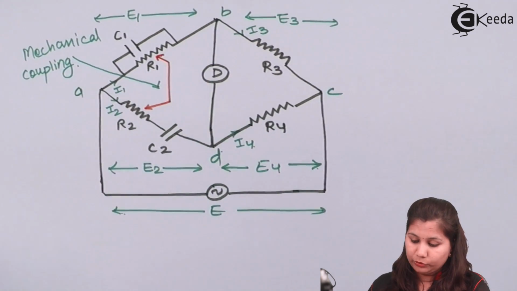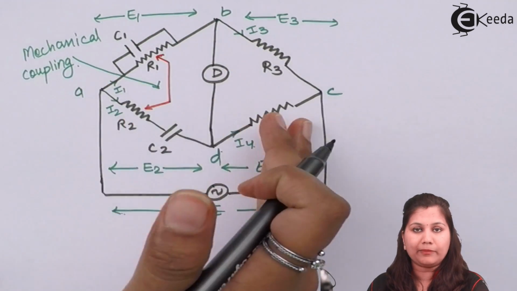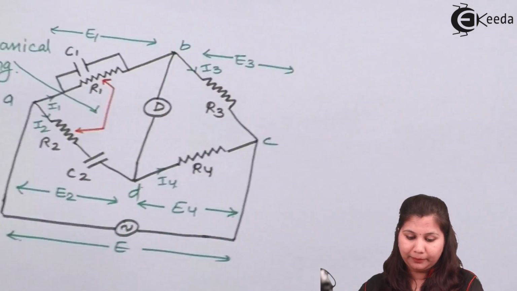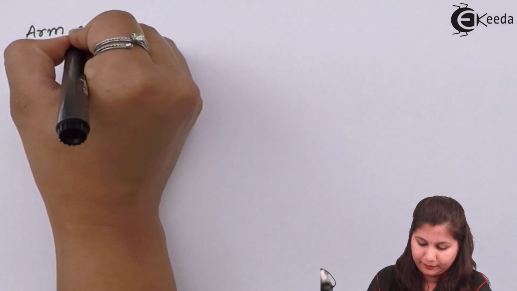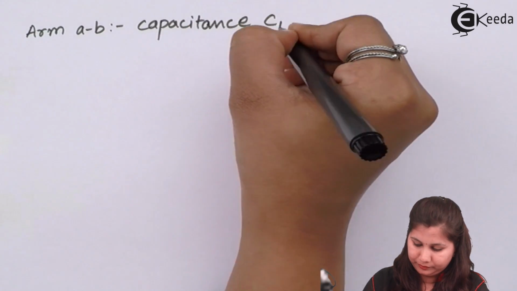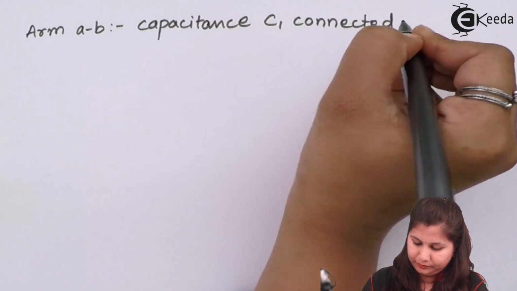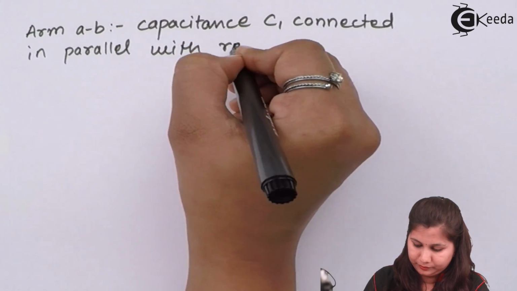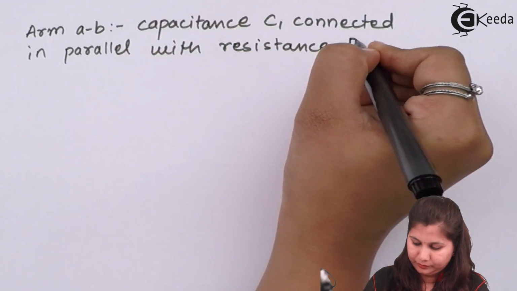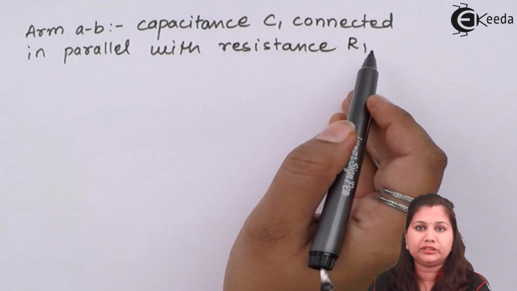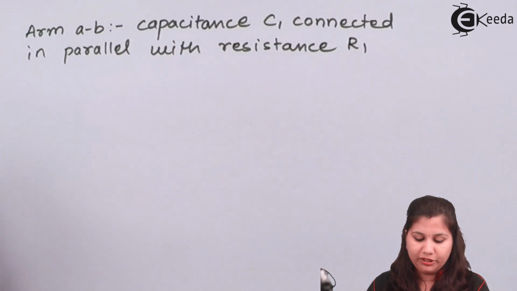Now let us see how the impedances in these arms can be represented. In the arm AB we have the parallel combination. So the capacitance C1 and resistance R1 are connected in parallel with each other.